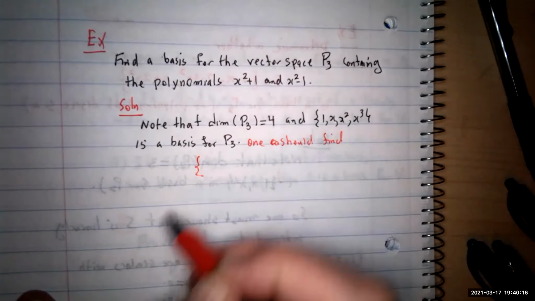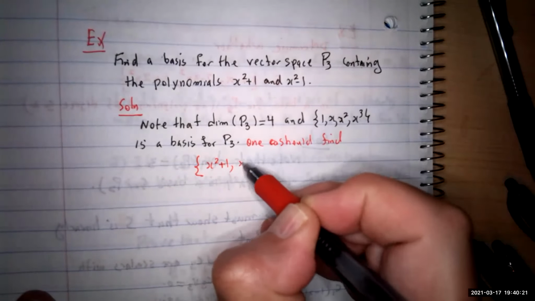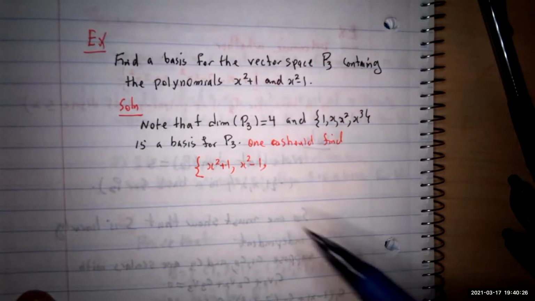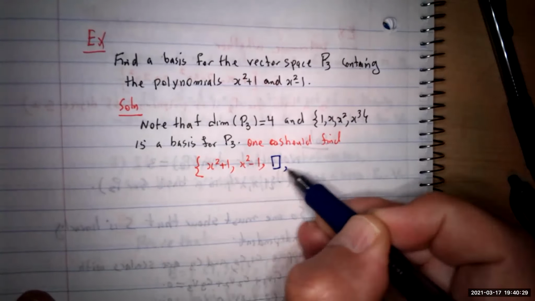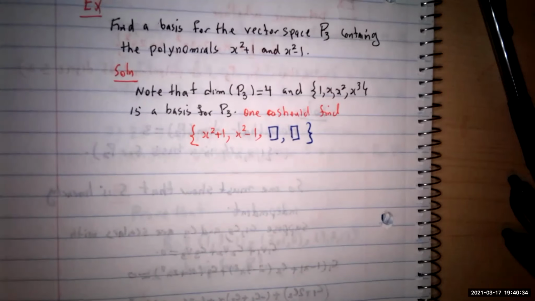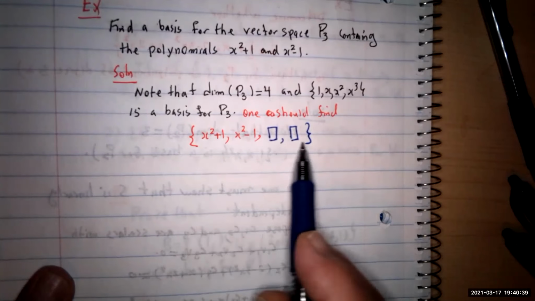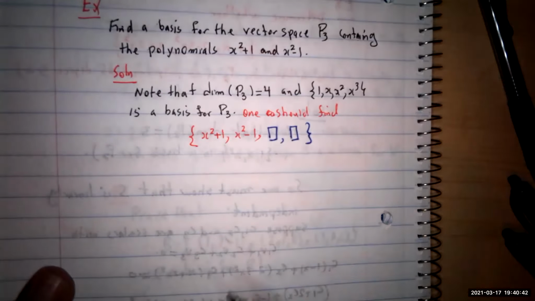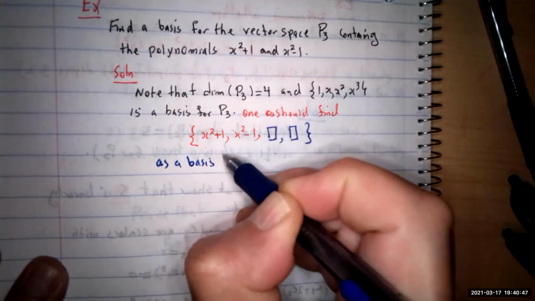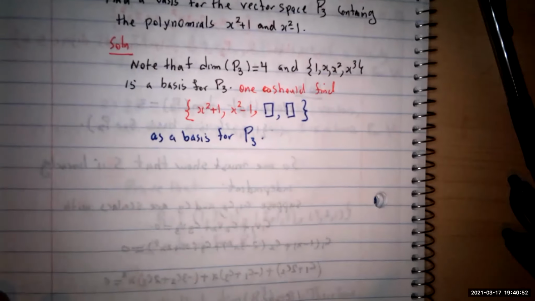this set. You already have x squared plus 1, and then x squared minus 1. So you need 2 more vectors, to find whether this set is going to be a basis for P3. What are the possibilities?